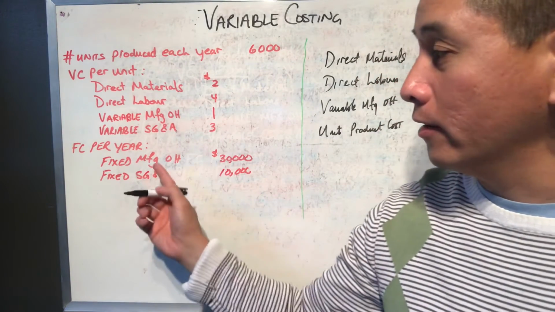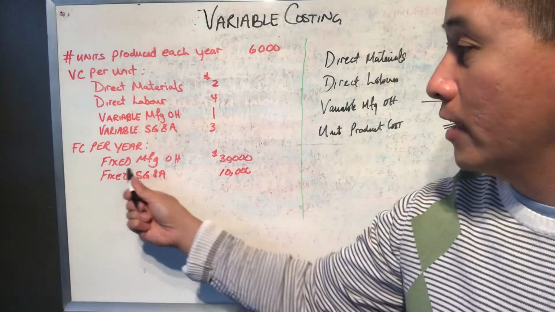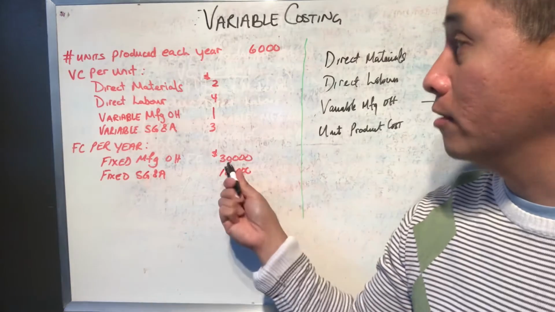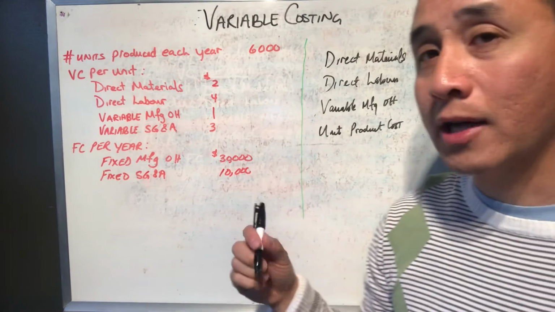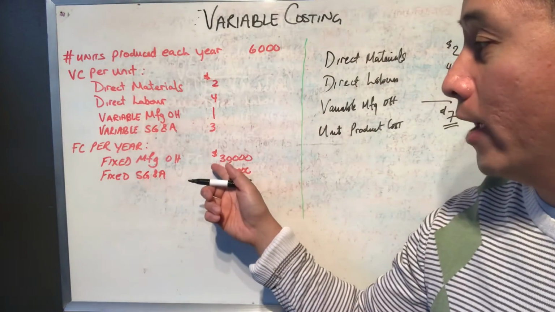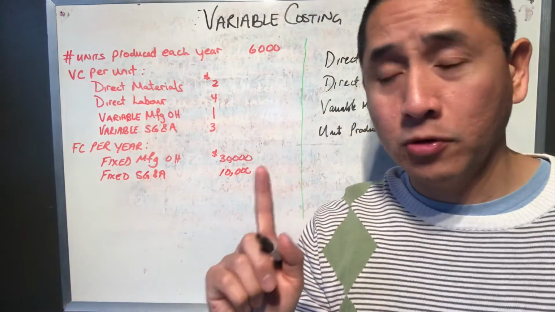Notice that under the absorption costing method, for the fixed manufacturing overhead we took the $30,000 divided by the $6,000 to calculate on a per unit basis what that fixed overhead would be allocated to each one unit of product that is produced.